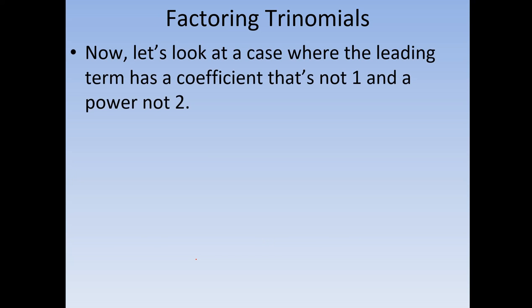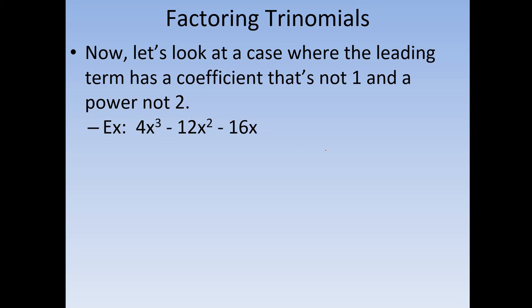Now let's look at a slightly more difficult case where there's not going to be a leading coefficient of 1, and the power is something other than 2. Again, we're going to look at the simpler cases like this, where all the numbers will end up being divisible by whatever the leading term is, and each term does have an x.